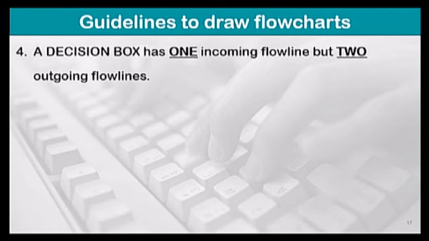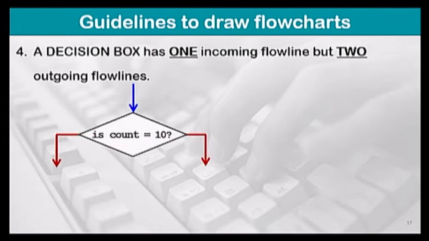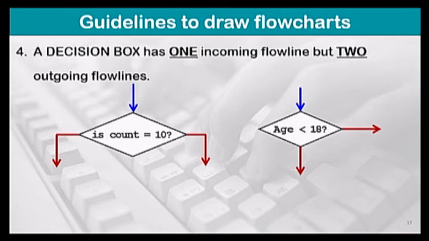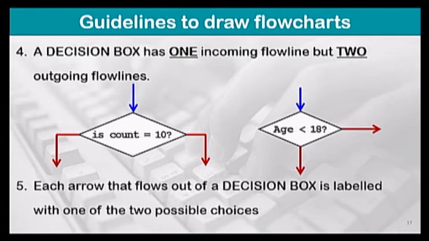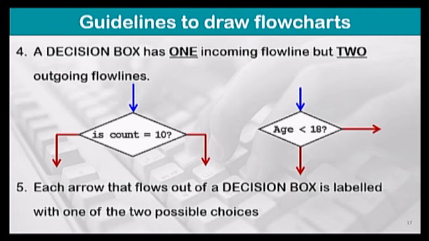A decision box has one incoming flow line but two outgoing flow lines. Each arrow that flows out of a decision box is labeled with one of the two possible choices, yes or no.